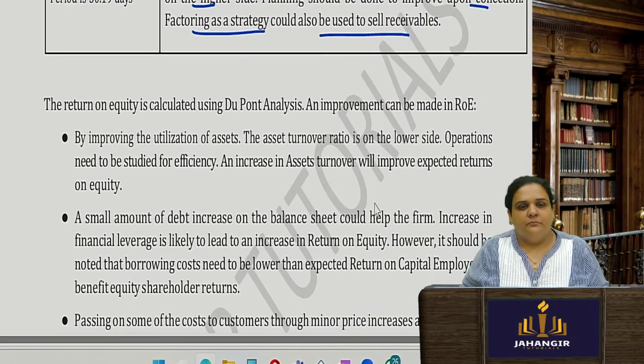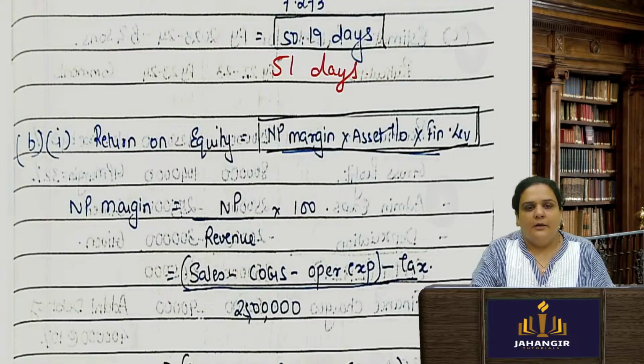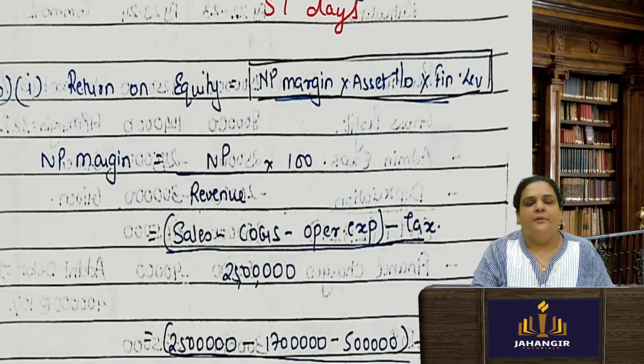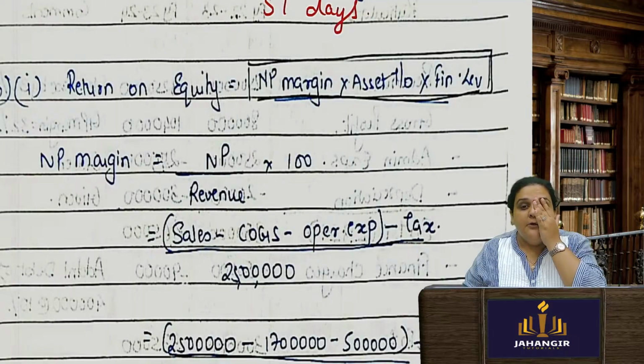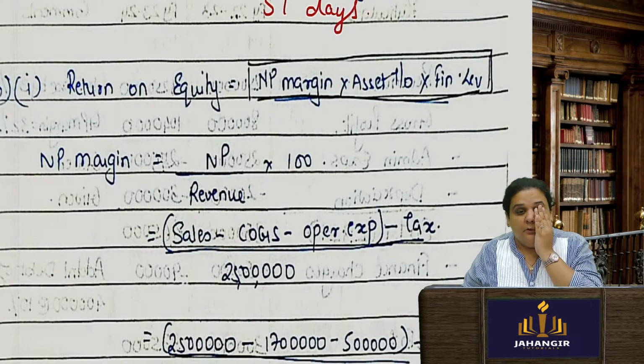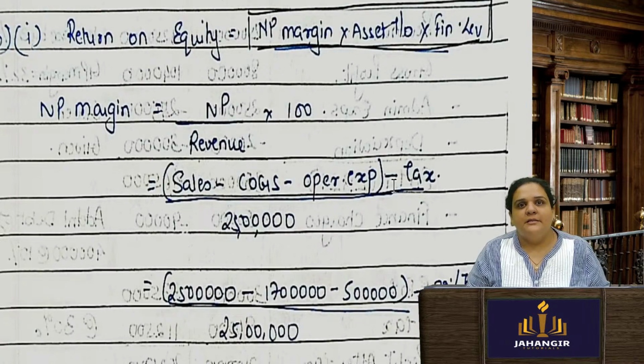Okay. Now you have to find return on equity based on the Dupont analysis. The Dupont formula for return on equity is net profit margin into asset turnover into financial leverage. Net profit margin means net profit upon total revenue into 100.